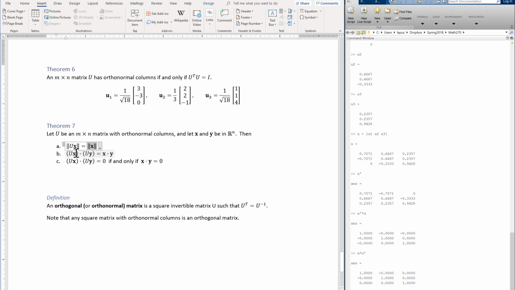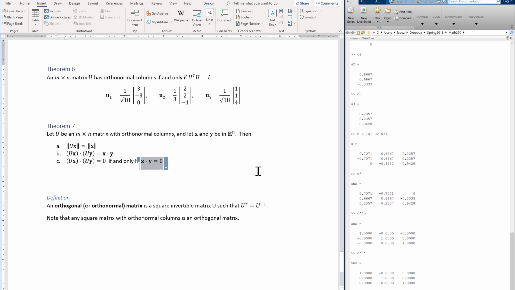So that's an interesting fact that says if you have a length and you multiply it with an orthonormal matrix U, then its length is going to remain the same. And also the dot product of Ux and Uy is going to equal the dot product of x and y, and that's only going to be equal to 0 if the dot product of these things is equal to 0.